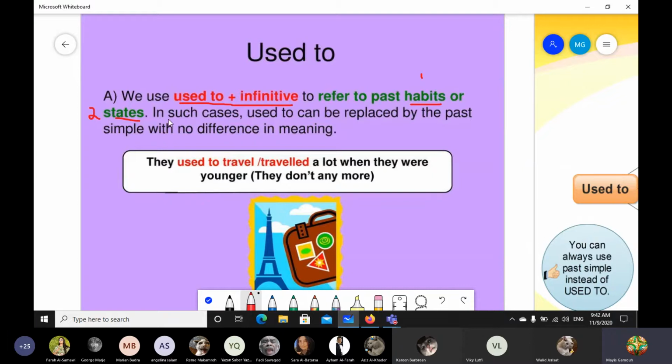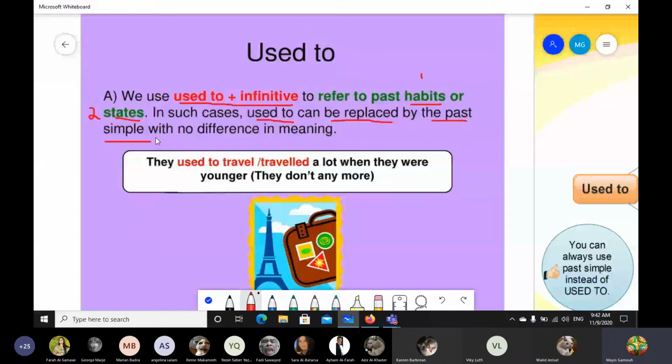So in such cases I can replace used to with the past simple verb, and there will be no difference in meaning.